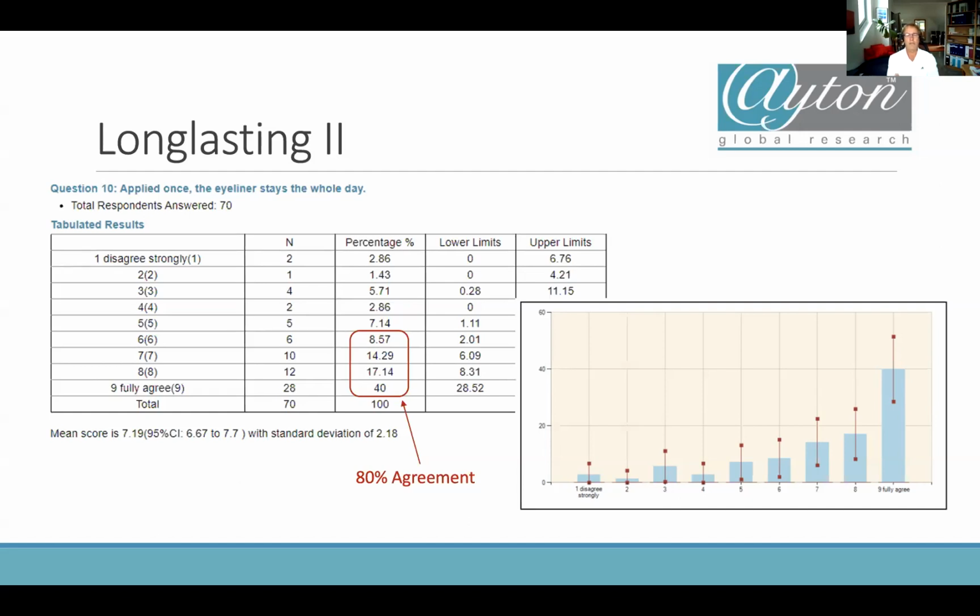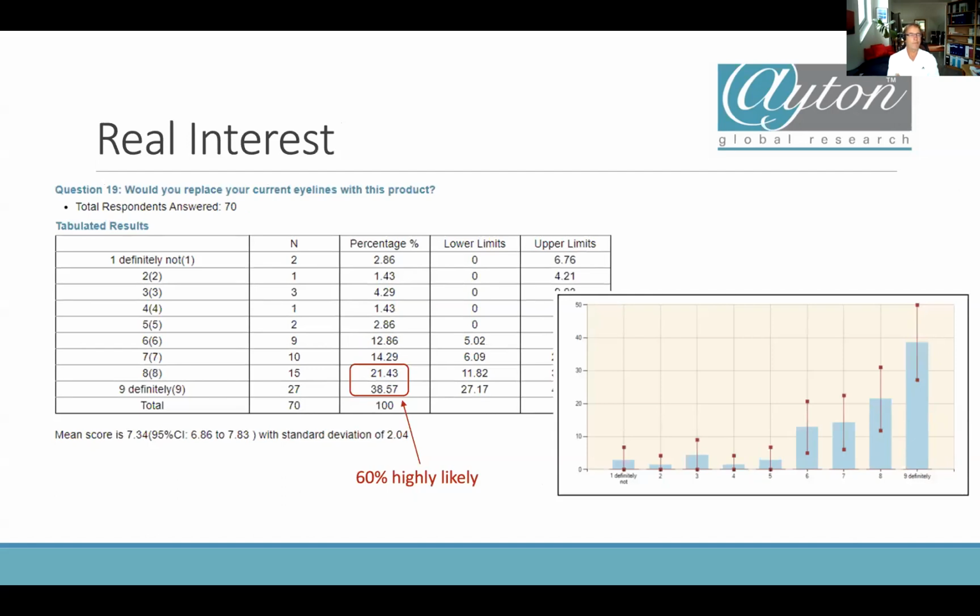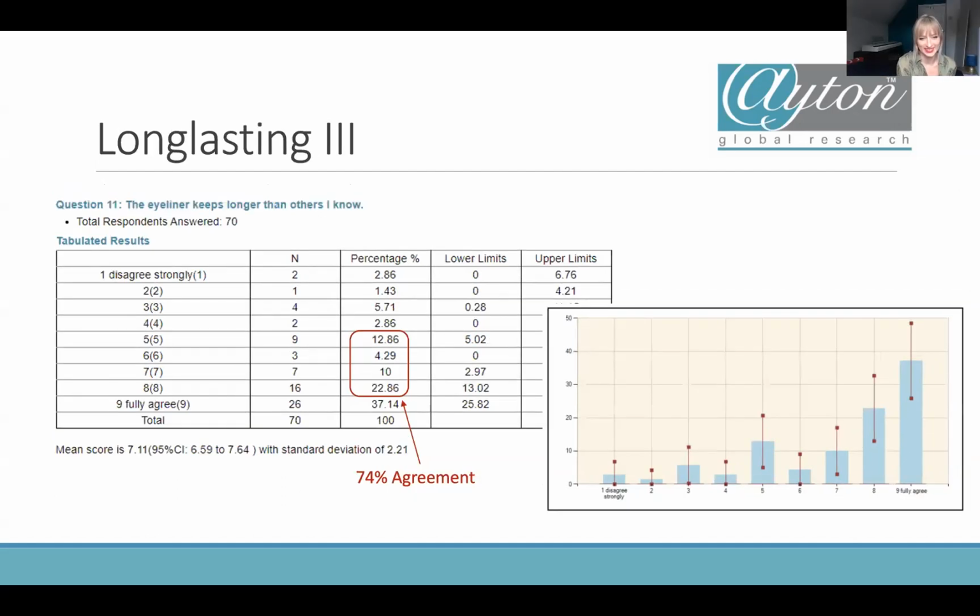And you see actually over here a very, very strong agreement also at the very end, that 40% even fully agree with this. So a very strong agreement to that statement. And with an even another way of looking at how long this lasts, we asked the question, the eyeliner keeps longer than others I know.